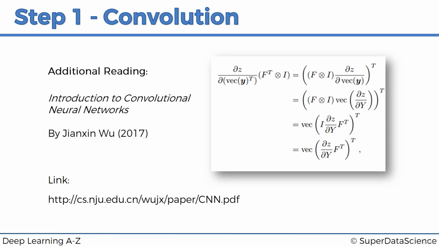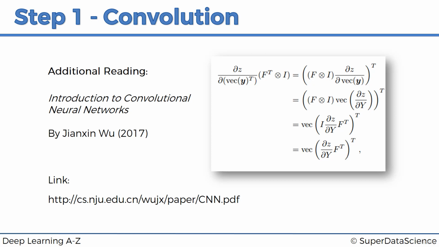So the mathematics there should be accessible. I actually emailed Professor Jianxin Wu, and he said his whole goal is to break the complex things down so that people who are new to this field can understand. And he also mentioned that he's got some materials available on his homepage.